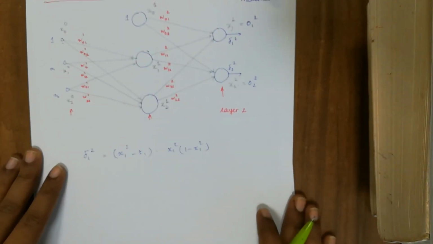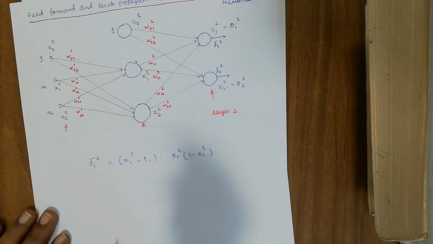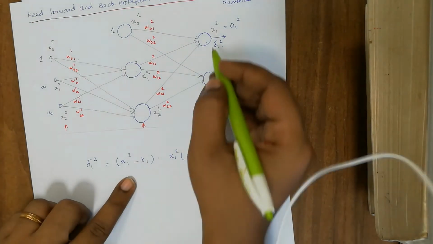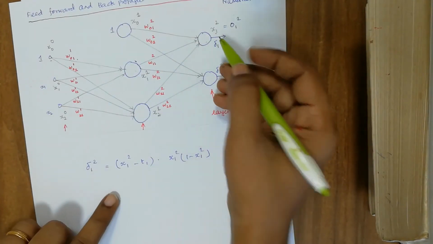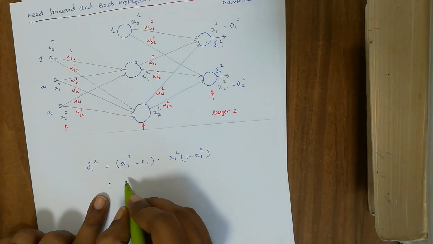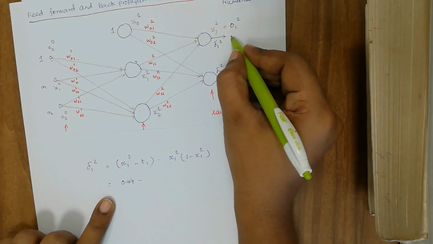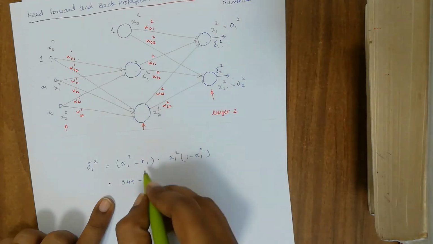The value of x_1^2 that we obtained from the calculation was 0.44, and the target value expected at the first neuron is 1.